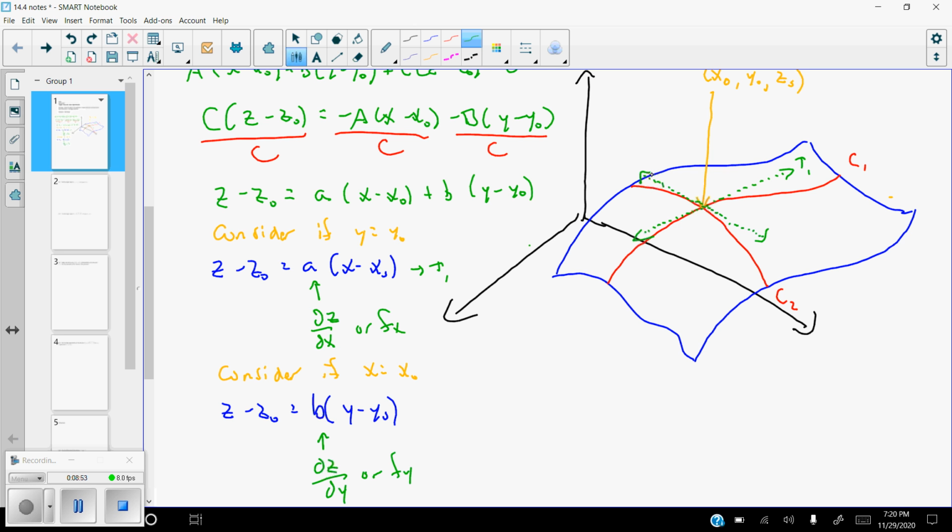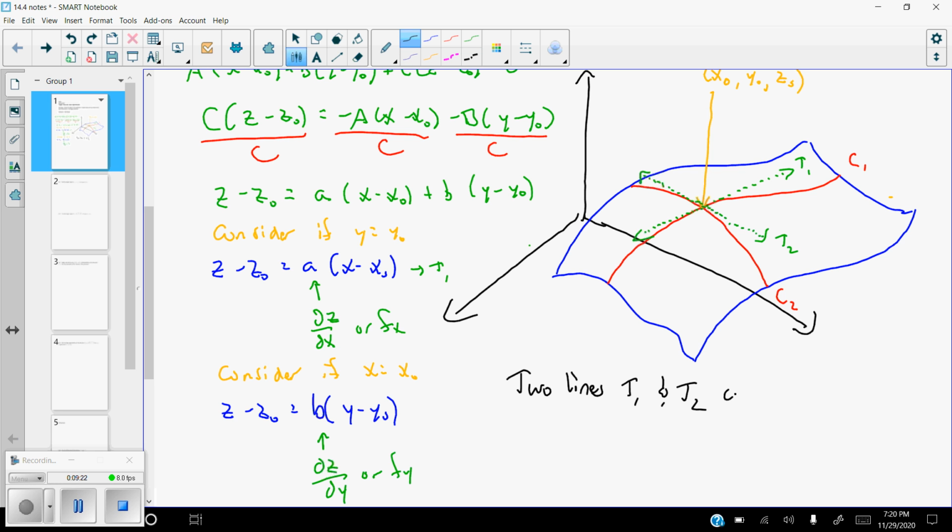Here's the idea. Just like in 2 dimensions, it takes 2 points to create a line. In 3 dimensions, it takes 2 lines to create a plane. So what we really needed was 2 lines, which we now have. 2 lines, T1 and T2. I forgot to label this one T2. There we go.